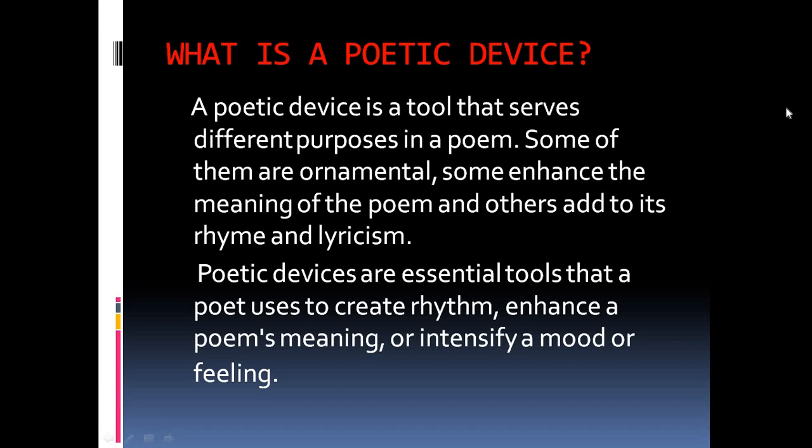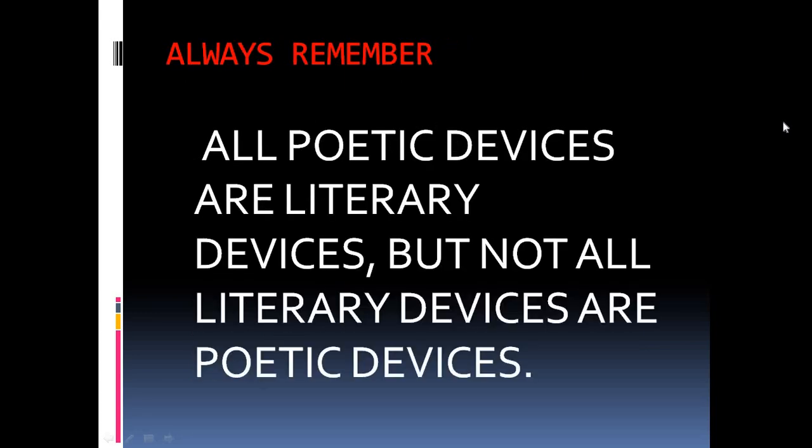Poetic devices are essential tools that a poet uses to create rhythm, enhance a poem's meaning, or intensify a mood or feeling. So actually it is a technique of writing poetry. The poets use it to enhance the beauty of their creation, right? So this is a poetic device.